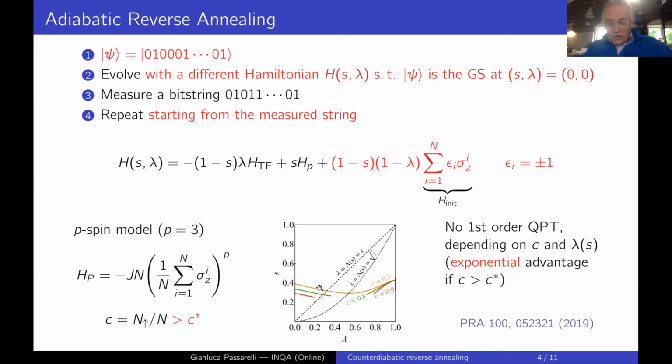It's a crucial issue, because in the end you want to use this for hard optimization problems. Yeah, you're right. But if you are able to derive the phase diagram of the model, then you have some insight that can guide you in designing this protocol. But if you don't, you can just treat it as a heuristic optimization strategy and see what happens.